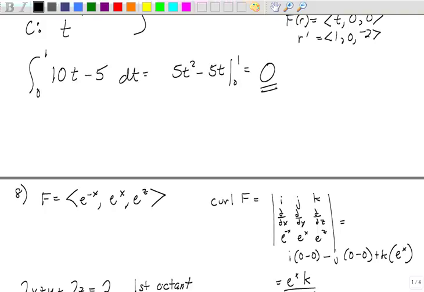Okay, I get 0 if I do it that way. Now the other way, I should get 0 also, because they're the same.